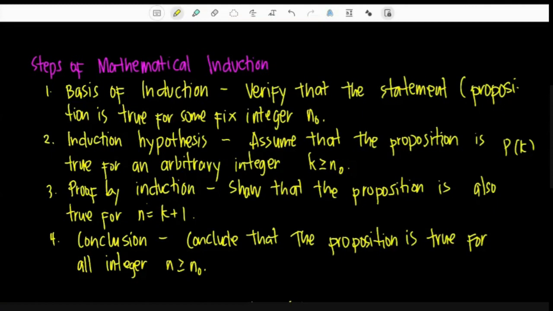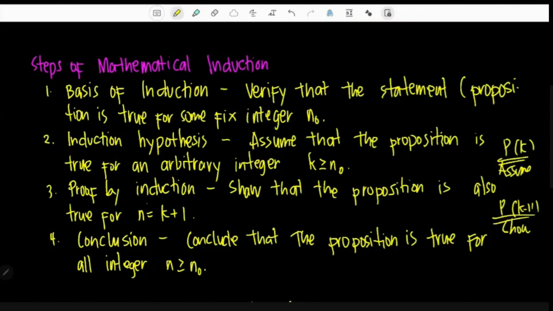Now, to prove induction, you must show that the statement P is also true for k plus 1. So you need to show that P of k plus 1 is also true. So here, you assume this, and for k plus 1, you show that it is true.